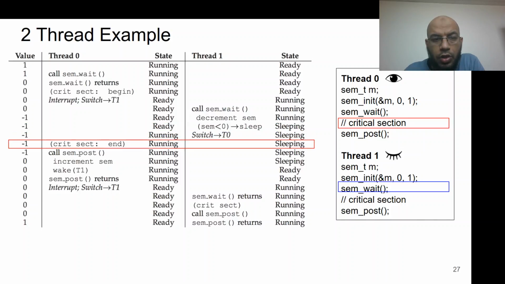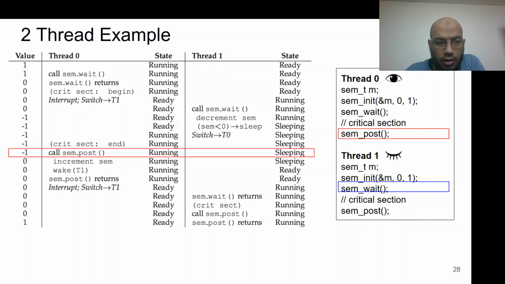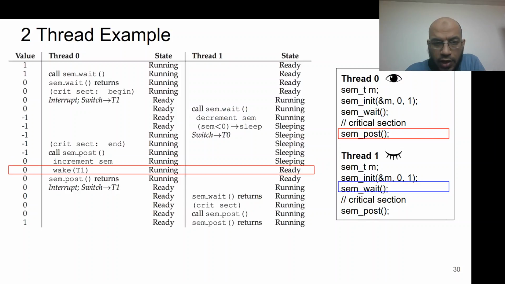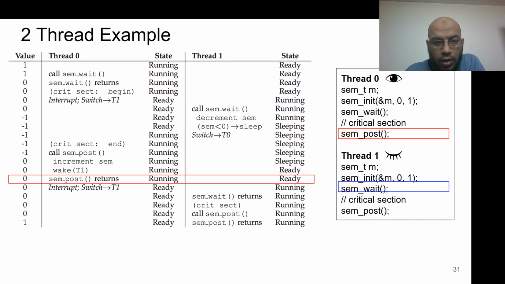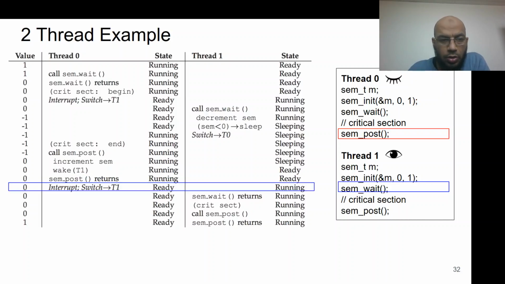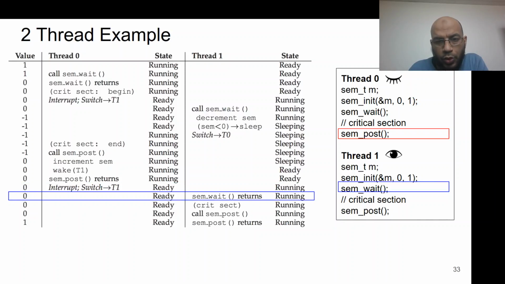Now T0 runs, the first thread finishes its critical section, calls semaphore post, increments the semaphore to 1, okay, and wakes T1. T1 now can start running after semaphore post returns. You have an interrupt and you switch to T1, which starts running from its semaphore wait call.